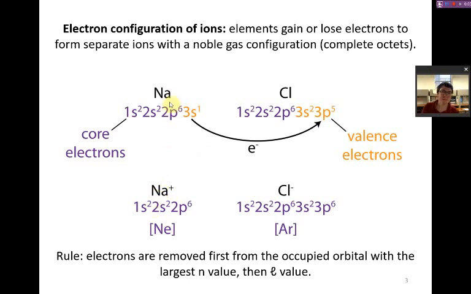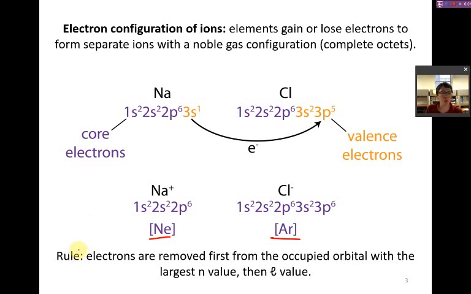Sodium has an electron configuration of 1s2, 2s2, 2p6, 3s1, and when it forms a cation, it loses the electron in the 3s orbital and donates it to chlorine, in this case, which then allows the chlorine atom to fill the third shell and have a complete octet. So we see as ions, the elements tend to form, in both cases, the noble gas configurations.